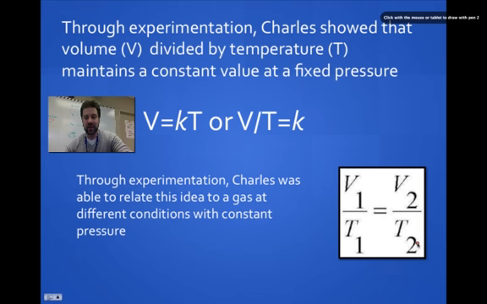So what we can say then is that V1 over T1 is initial, and V2 over T2 would be final conditions. You're usually given 2 sets of conditions per scenario when you're given one of these gas problems.